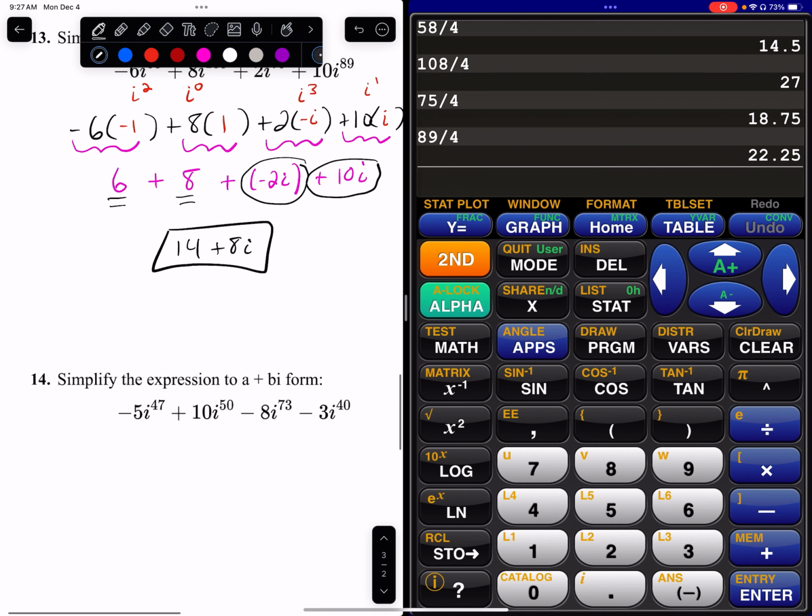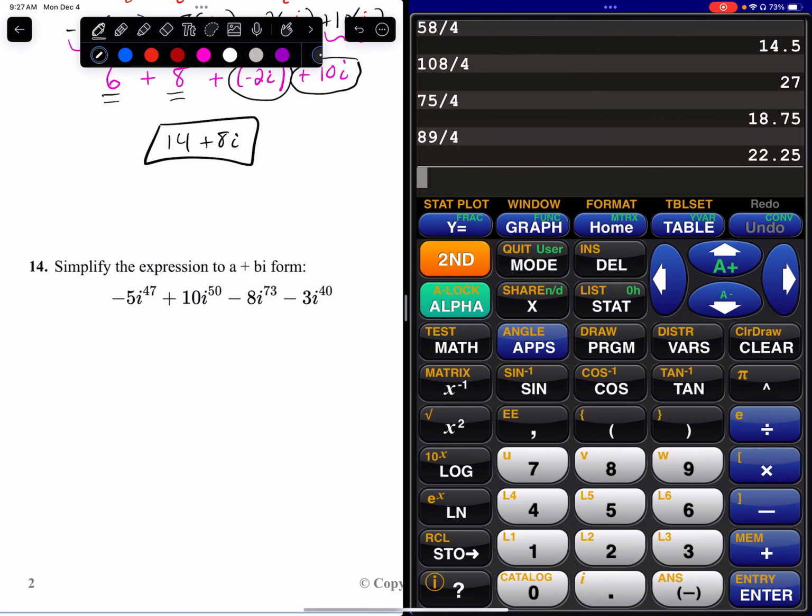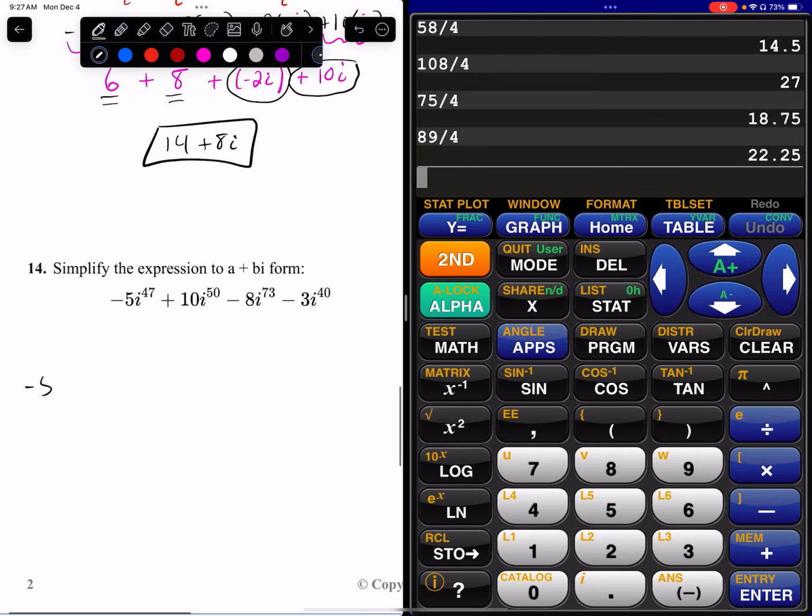Okay, very similar example, but the easiest thing to do is set it up first. So I'm going to write -5 times, I don't know what i to the 47th is, plus 10 times, I don't know what i to the 50th is, minus 8 times, I don't know what i to the 73rd is, minus 3 times, I don't know what i to the 40th is.